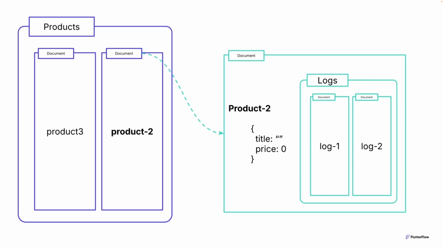Let's see what it looks like so far overall. Products collection with product document fields, where each document will have a logs subcollection, and the logs collection will have defined fields in each log document. All right, now that you have a better picture, let's see how these will appear in Firebase.